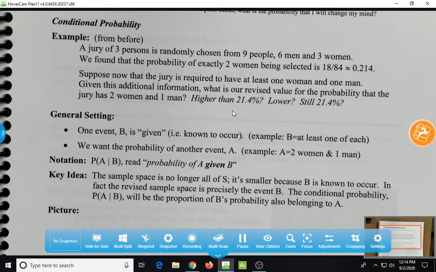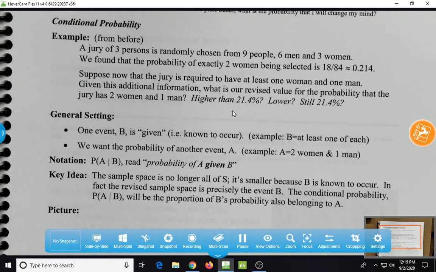So we're given this situation, we want to know what's the probability of A coming out. The sample space is no longer all of S, it's smaller. So let's just draw our good old Venn diagram here.